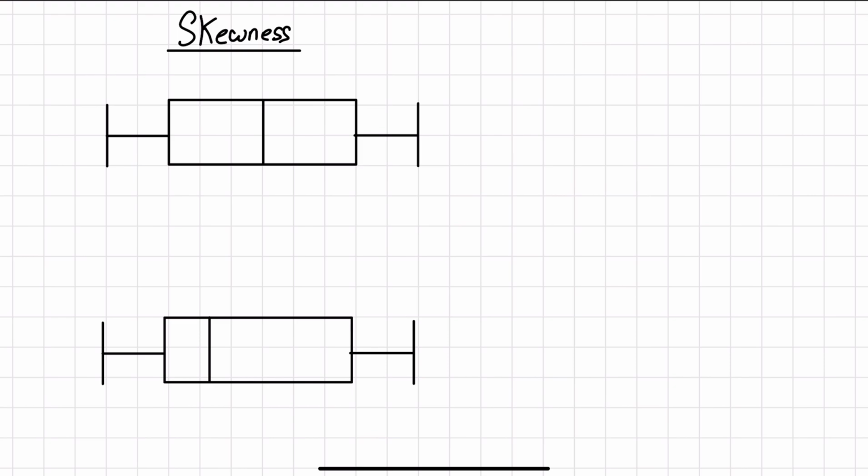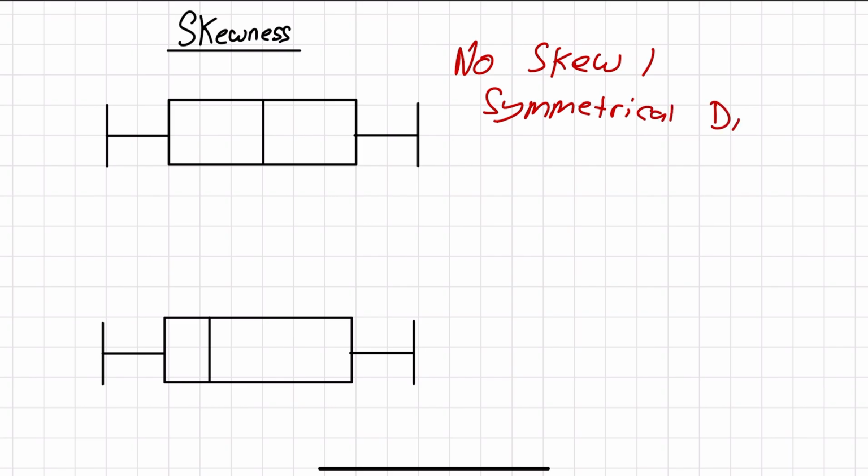So I've got a box plot here and the median is in the center, or imagine it's in the center. I would call this no skew. Skew is about the shape, and if the median's directly in the middle and it looks symmetrical on both sides, no skew, or a symmetrical distribution, or if you're feeling fancy, normal distribution.